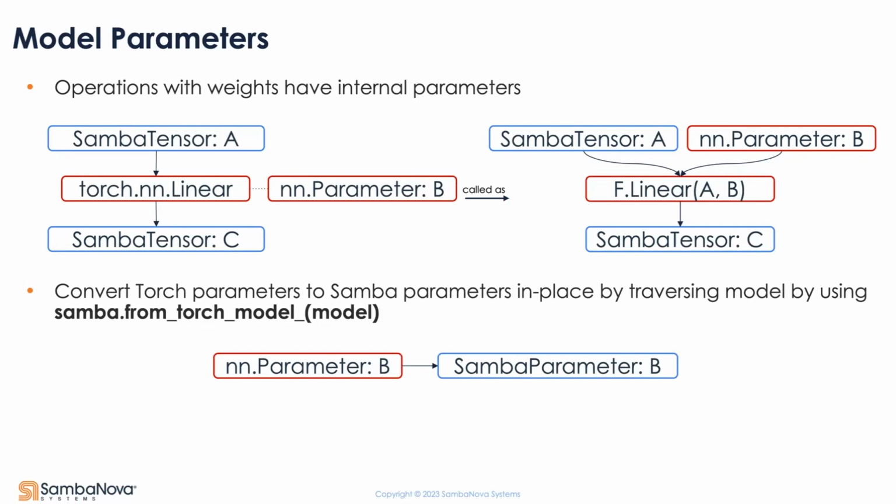When you call that from a torch model, what will happen is that Samba will in place replace those with Samba tensors. So it'll trace through, and in the same spot in memory, it will transform all of those into Samba tensors for you. And those will be mapped as part of the graph. And again, this is something that's transparent. You just call the model conversion function, and we do all that for you. You don't have to manually do this.